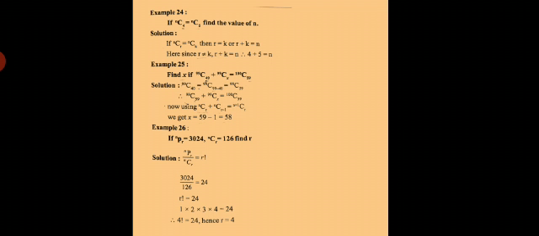So you get r factorial is equal to 24. Now since we need to find only r, not r factorial, find the factorial of this. r factorial is equal to 24 can be written as 4 factorial. Then the value of r will be 4.